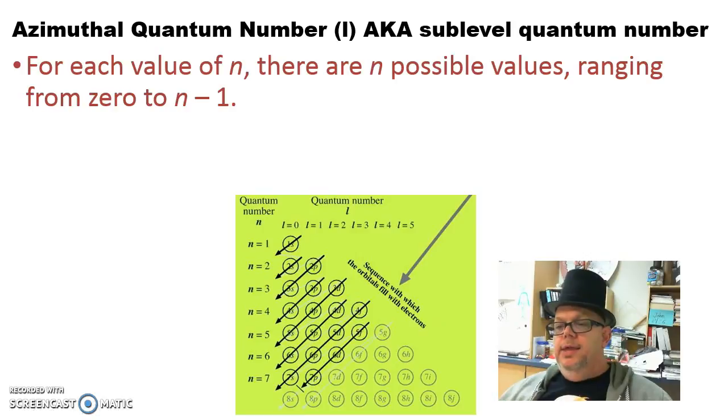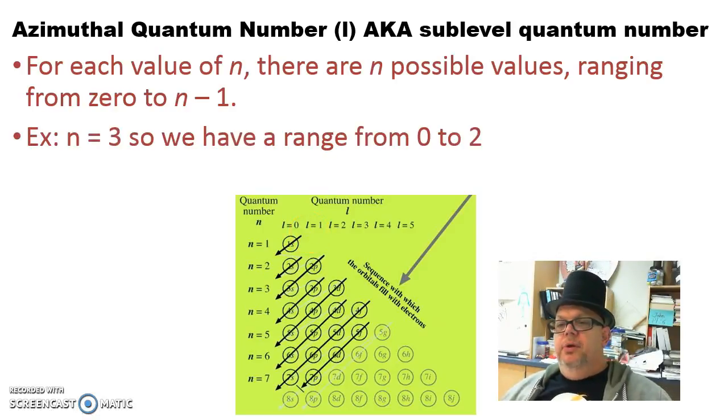Now, if you notice the arrow coming down here, it's telling us the order that the electrons will fill in these levels. But for now, we're just going to talk about our sublevels, quantum numbers.